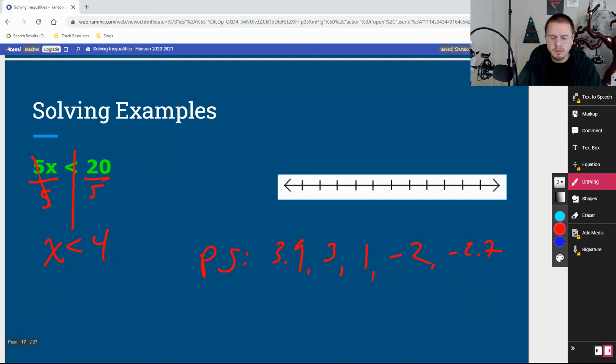Fractions count too. So I'll put 4 here, 2 numbers in each way. I'm going to go open circle, since it's less than. There we go. And your arrows, your lines, should match up with your possible solutions. They should show you where you're going.